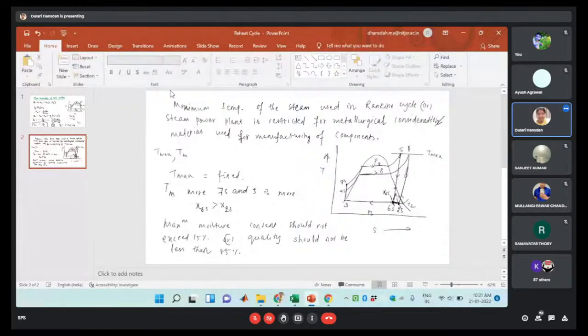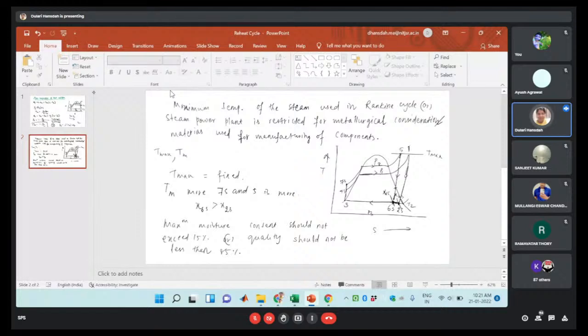Okay. So the maximum turbine inlet temperature or the minimum temperature of heat rejection are limited as per the materials used in the steam power plant. Okay.